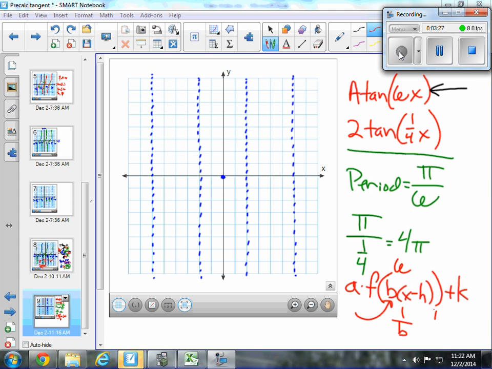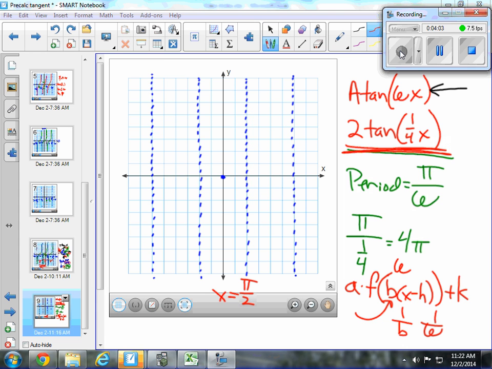So I'm multiplying all of my x values by 1 over omega. Well, in this graph right here, my asymptotes are defined by their value on the x-axis. So if this was a parent function, this would be pi over 2. It would be x equals pi over 2. That would be my asymptote. So all I want to find right now is one asymptote of this tangent function that we're working with.